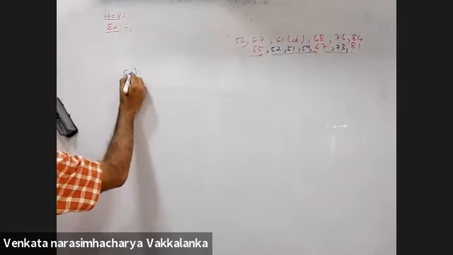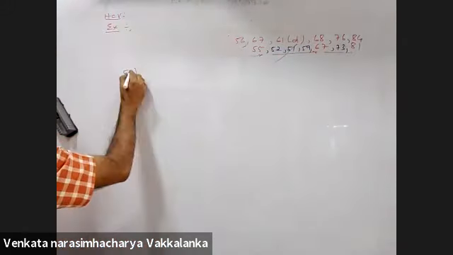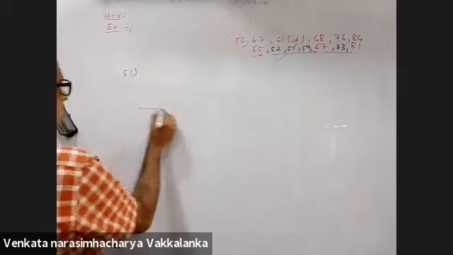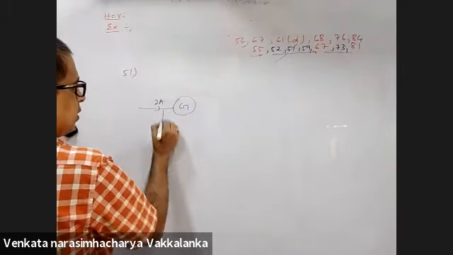Question 51. An ammeter is to be constructed which can read currents up to 2 amperes. I want 2 amperes of current using a galvanometer and a shunt resistance. It should measure 2 amperes.